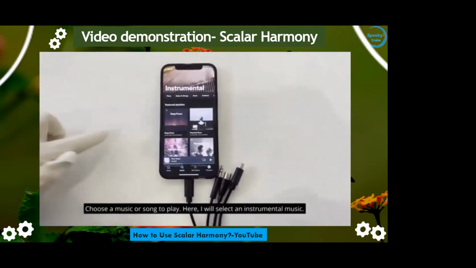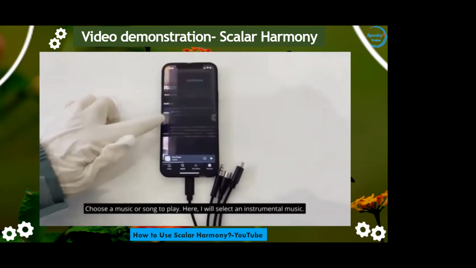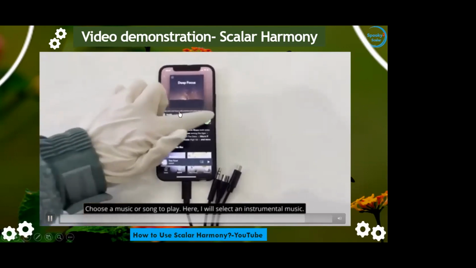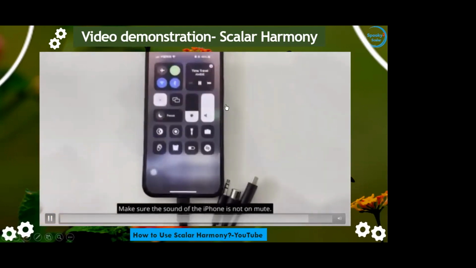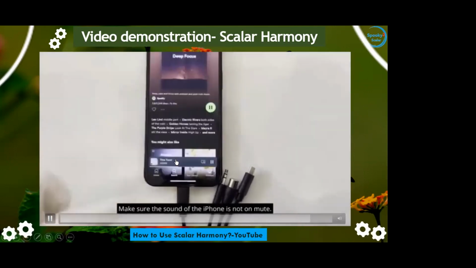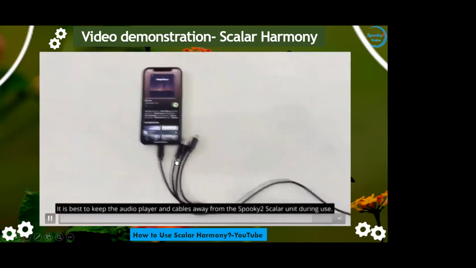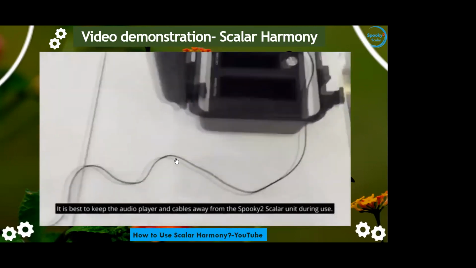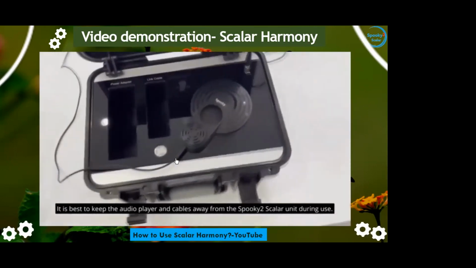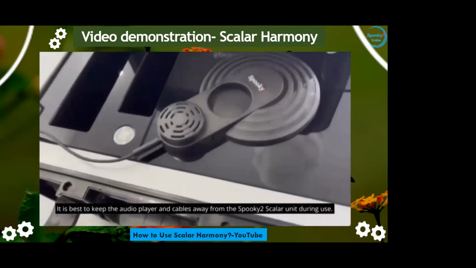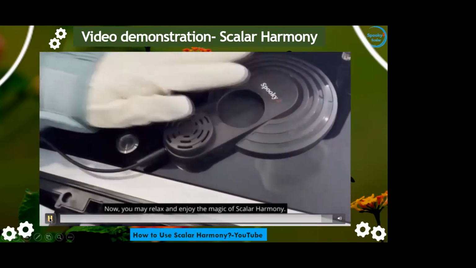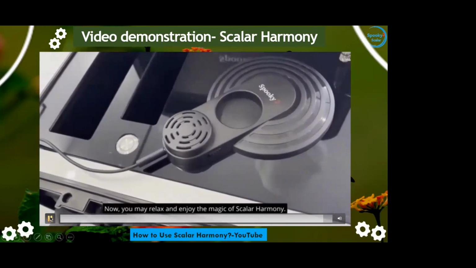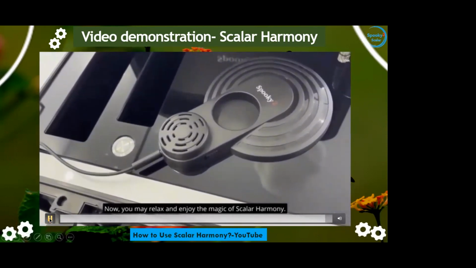Choose a music or song to play. Here, I will select an instrumental music. Make sure the sound of the iPhone is not on mute. It is best to keep the audio player and cables away from the Spooky2 scalar unit during use. Now, you may relax and enjoy the magic of Scalar Harmony.